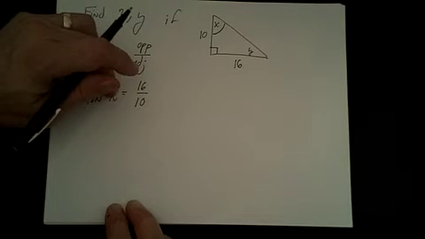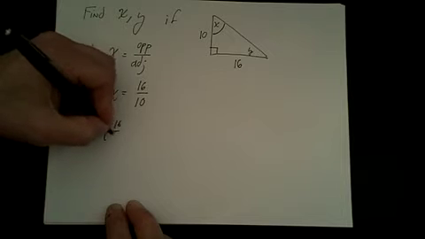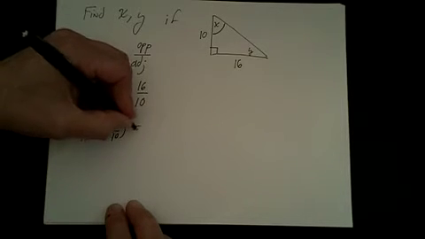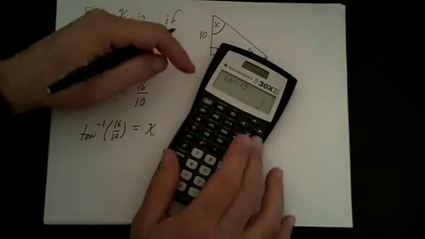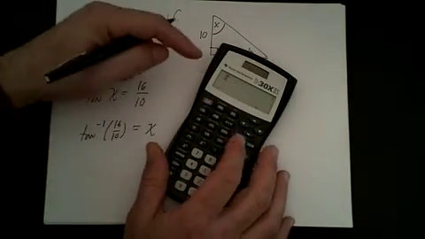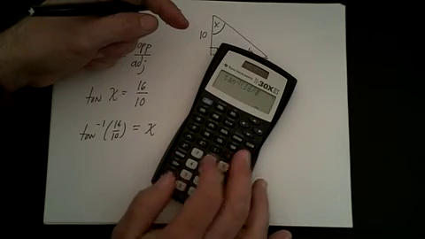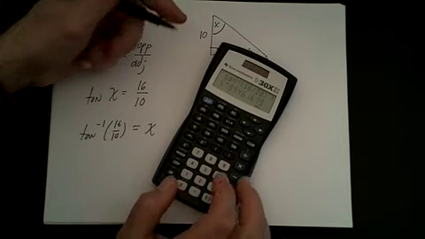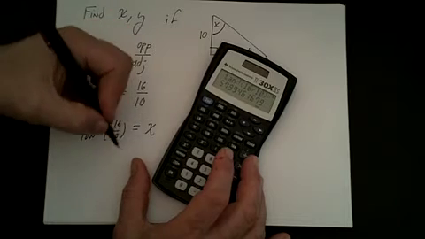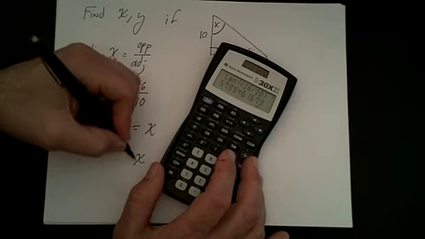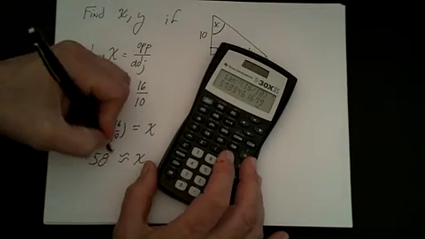Since I'm finding x, I do the inverse: tan inverse of 16 over 10 is equal to x. I go tan inverse 16 divided by 10 on my calculator, and I get about 58 degrees. It's 57.995, and if I round to one decimal place, that's 58 degrees.